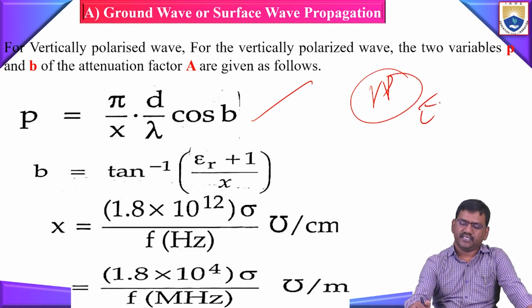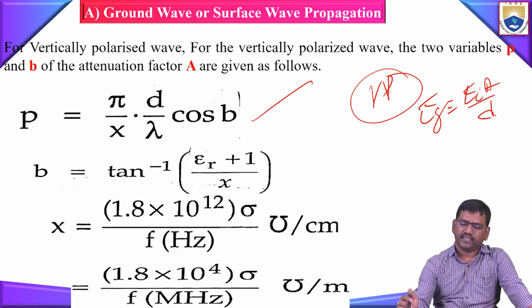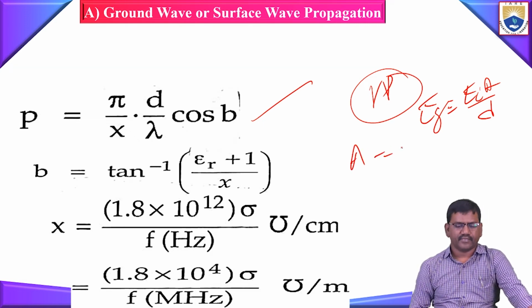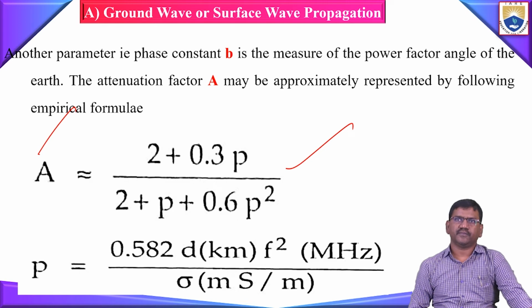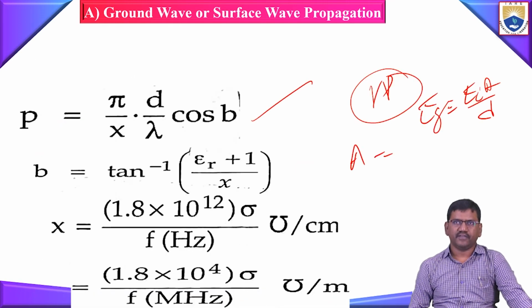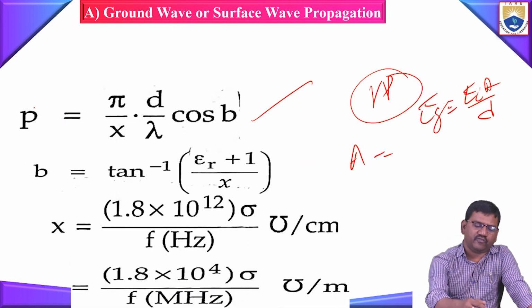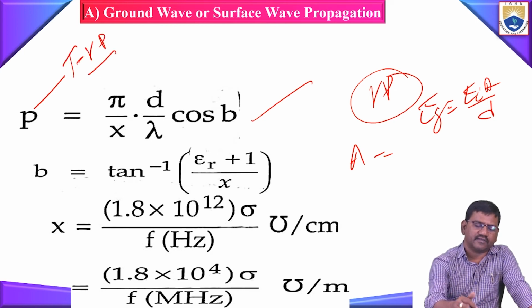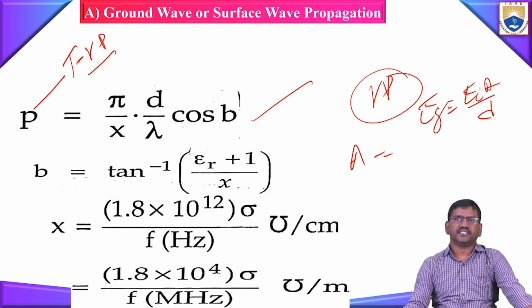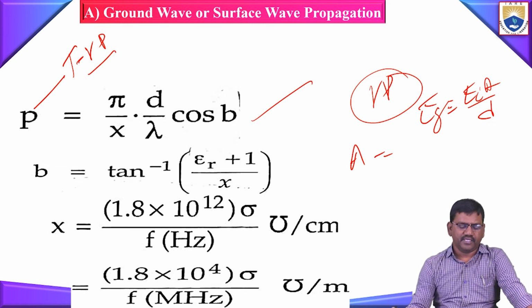As we have seen, Eg is equal to E naught A by D, and A is equal to 2 plus 0.3 p by 2 plus p plus 0.6 p square. We can find the value of p only when the transmitting antenna is vertically polarized, so p is equal to pi by x d by lambda cos b.